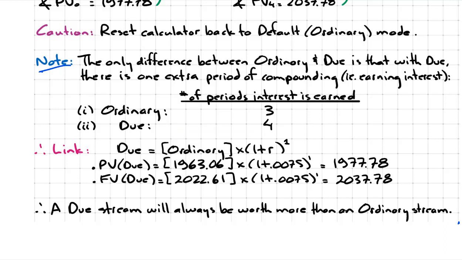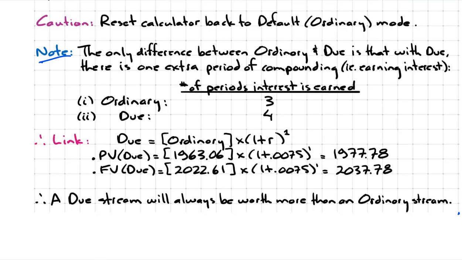So that means there's a mathematical link between ordinary and due. With due you get what ordinary is paying times an extra month of compounding. So that is the mathematical relationship between annuity due and ordinary annuity.